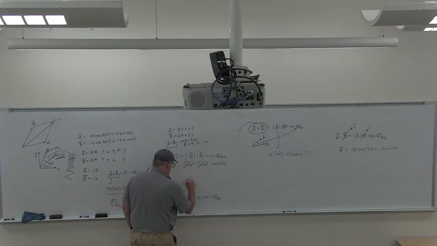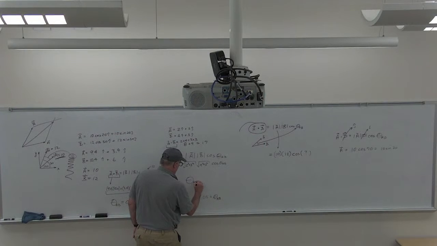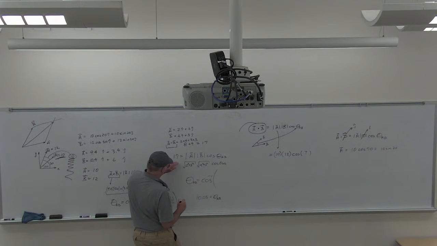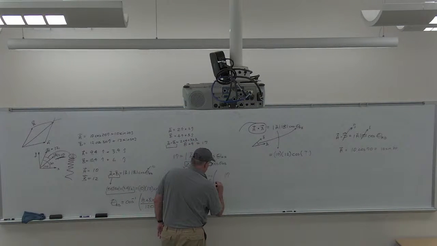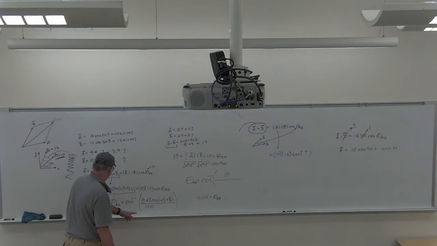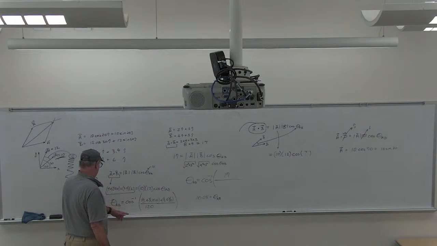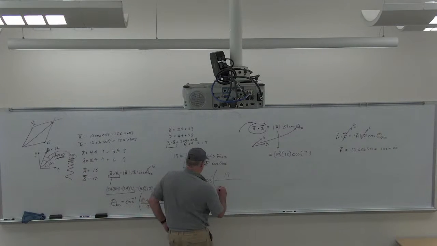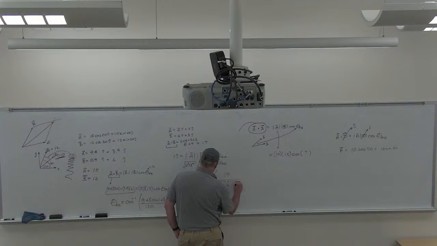So if I want to know the angle between a and b in this one, it's equal to the inverse cosine of this big number, 17 divided by, it's funny that the bottom was easy over here, but the top is easier over here. I don't know that that really means much, but square root of 2 squared plus 3 squared times square root of 4 squared plus 3 squared.